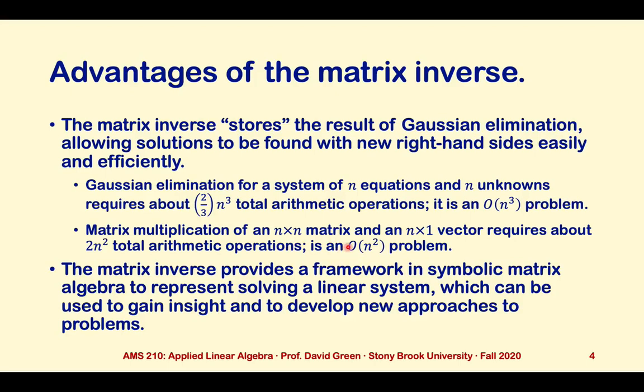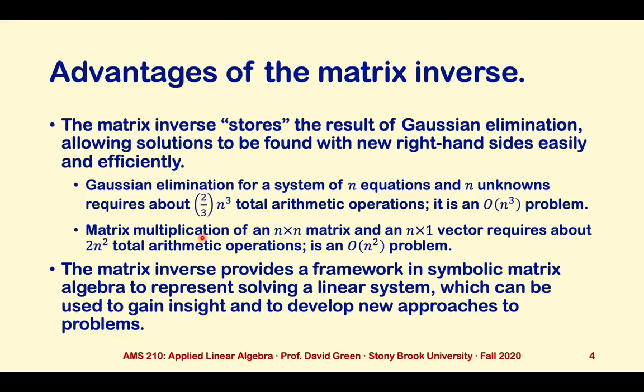It is what we call an order n squared problem. If we double the size of the problem, it only costs 4 times as much work. What this means is that for large systems especially, Gaussian elimination is expensive, matrix multiplication is much cheaper.